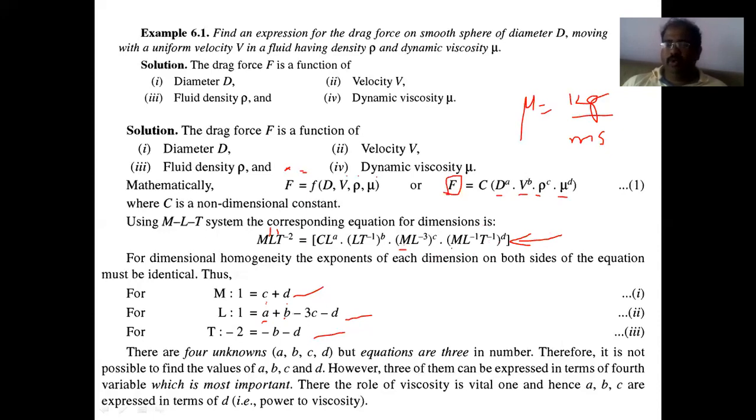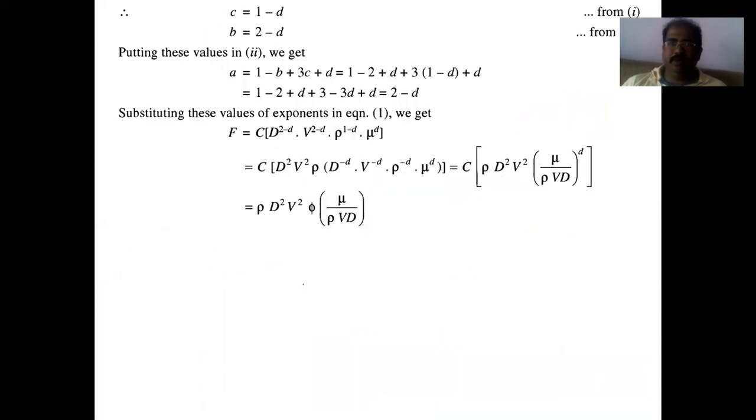So you observe that mu, the dynamic viscosity, is a depending factor of a, b, and c. That's why we are converting a, b, and c into the d part. So let us do it.